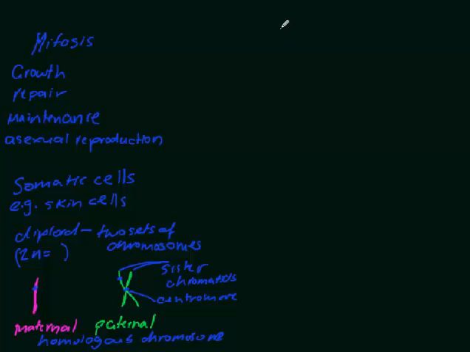Now the process of meiosis is for a slightly different purpose, and this is for sexual reproduction. And saying that, with sexual reproduction, it is to produce gametes.